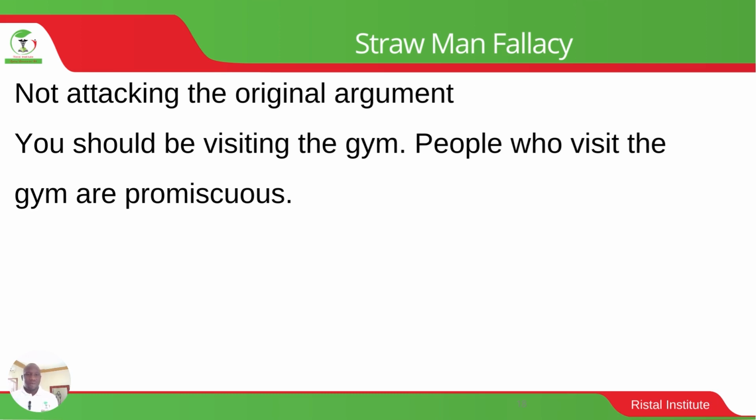So you now say promiscuity is not good because of ABCD. But the argument is that you need to be fit by visiting the gym such that you reduce the risks of getting cardiovascular conditions.